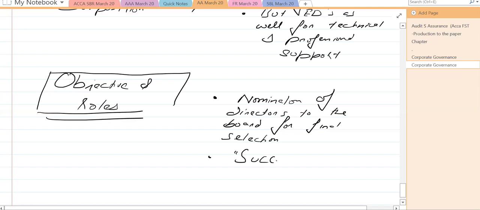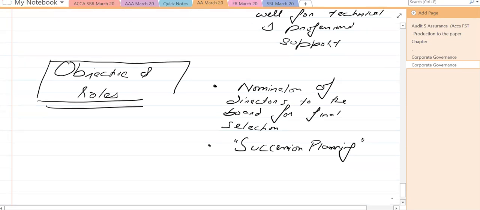Succession planning. Succession planning is preparing the replacement in advance. If someone is leaving, they should prepare the replacement in advance.